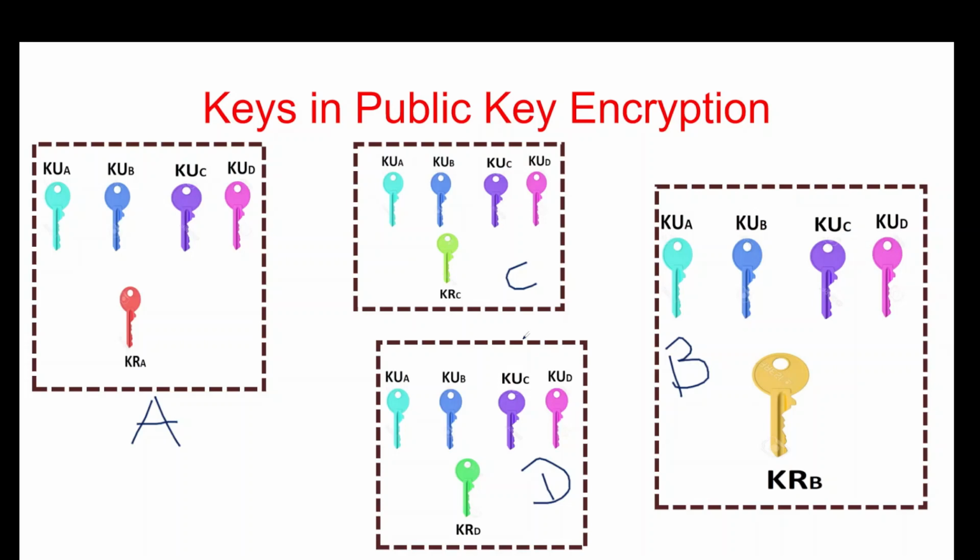That is what is shown in this figure. But look at the private key KRA: the private key of A is known only to A. The private key of B is known only to B. The private key of C is known only to C. So this is how the public key crypto system works. The public key should be known to all, whereas the private key must be kept confidential to the particular user.